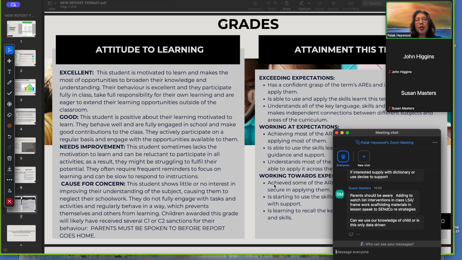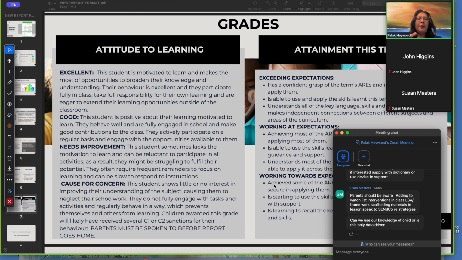Cause for concern. Don't be afraid to use it, but I will say that it should not come as a surprise to a parent if you are putting cause for concern. This is not to say that I'm telling you not to use it. If it needs to be used, absolutely. But that child should have had C1, C2 sanctions previously.